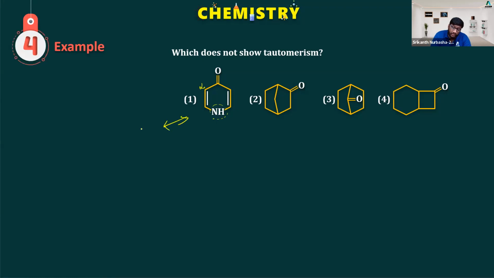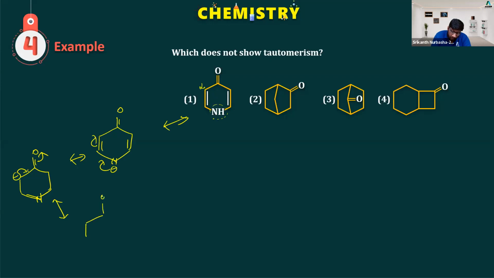Yes or no? So it can show, because you can have a negative charge here. This negative charge comes into pi electron density, moves away. You can have a negative charge on this position, C double bond O, double bond N. The negative charge comes into C double bond O, moves away.